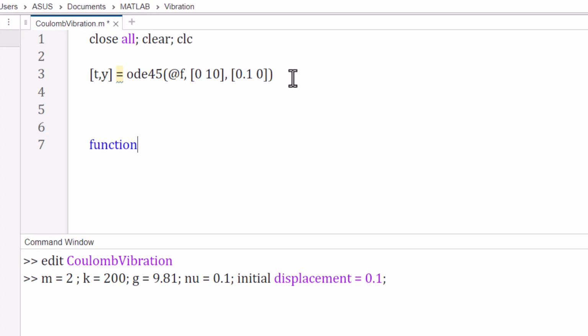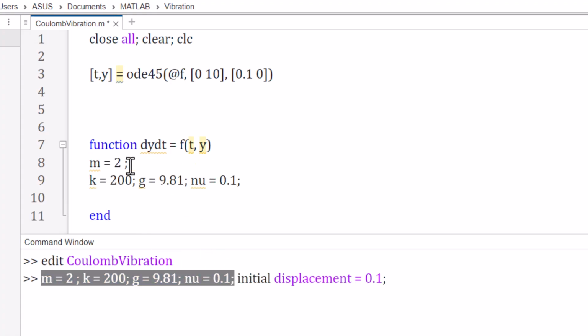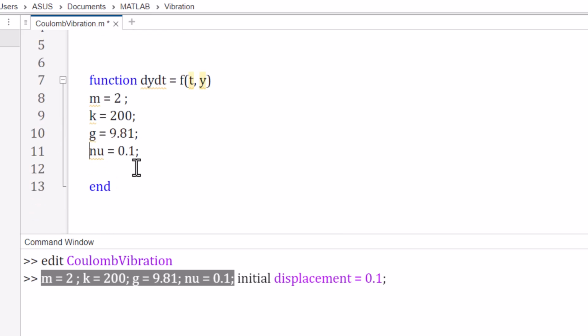So I have to define function f, which is a function of t and y, and I name the output dydt. I need to define all of these constants in my function. And I define N, and I set it to be equal to m times g.